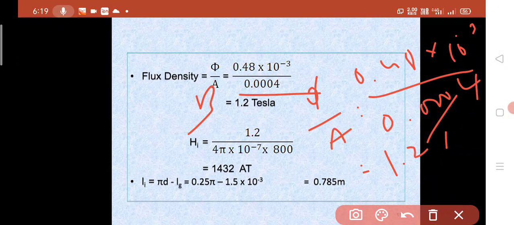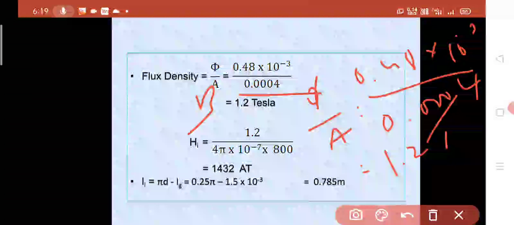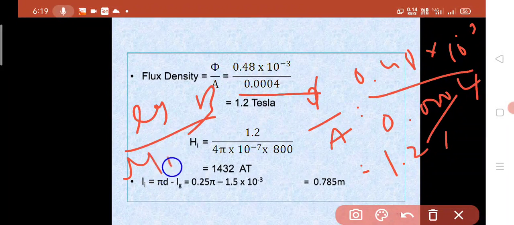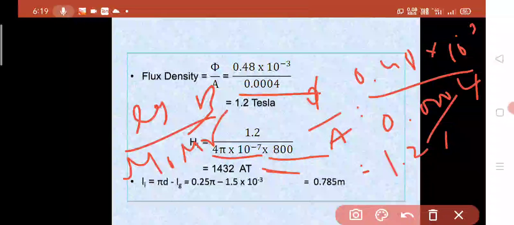Next, the second one is Hi, which is B by mu naught mu r. So 1.2 by 4 pi into 10 to the power of minus 7 into mu r value 800. So 1432 ampere turns.